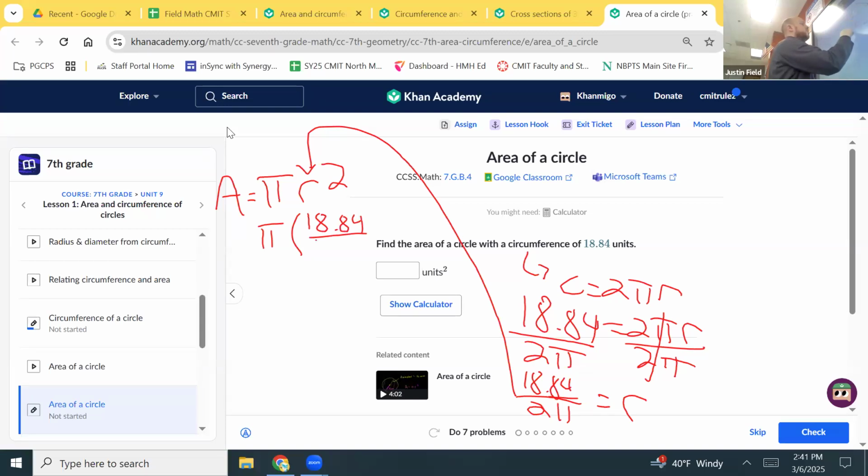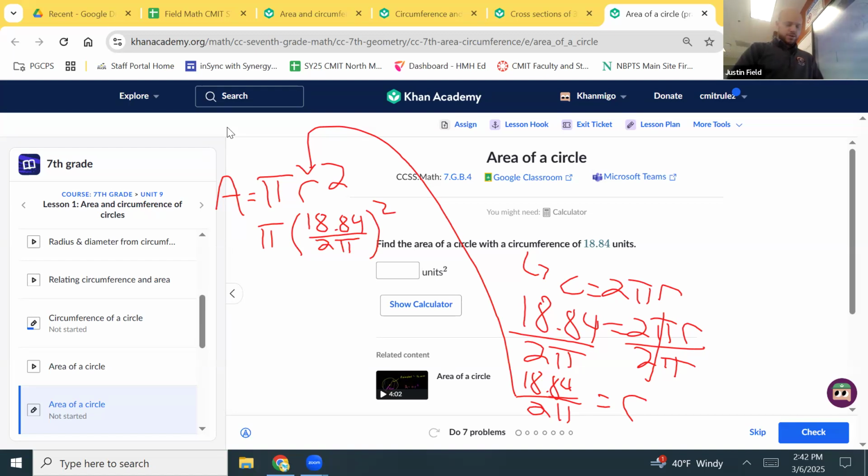18.84 over 2 pi, and we want to square that. We should probably not get all crazy with the first area problem.